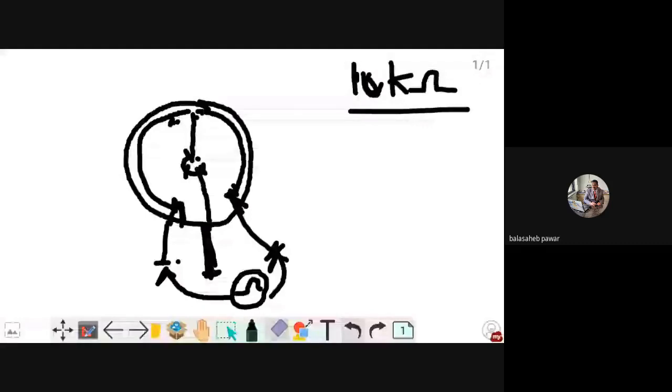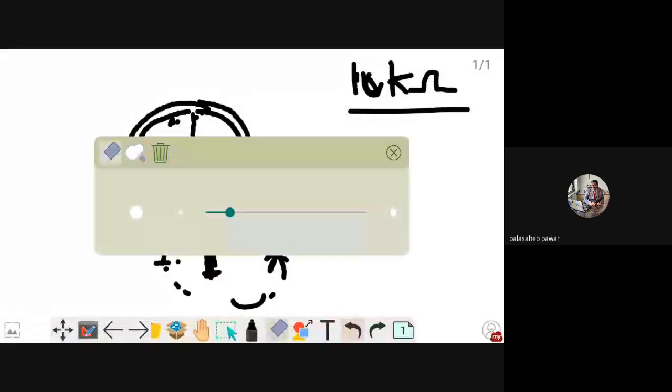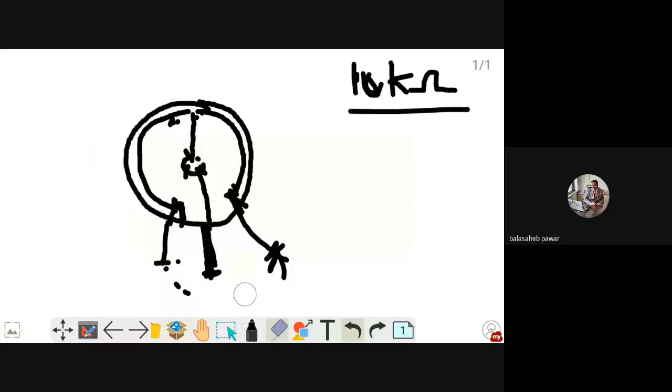Now, just remove this DMM from here and now connect that DMM across any one outer terminal with respect to the middle.